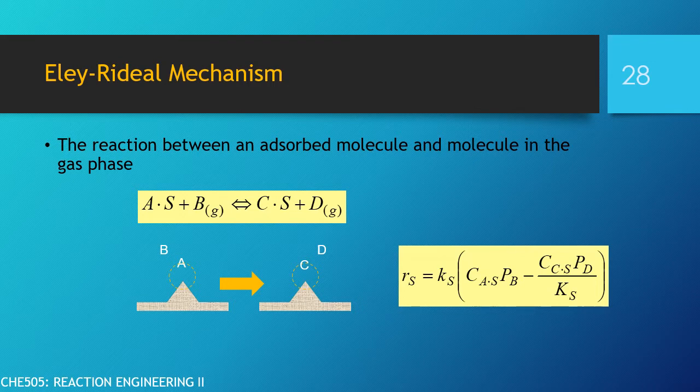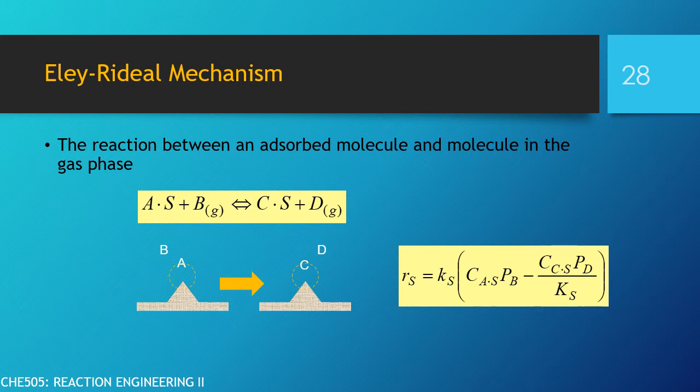So this is an example of a gas phase reaction. Only species A adsorbs on the active site of the catalyst. That's why during adsorption, A plus S will produce A.S via a reversible reaction.